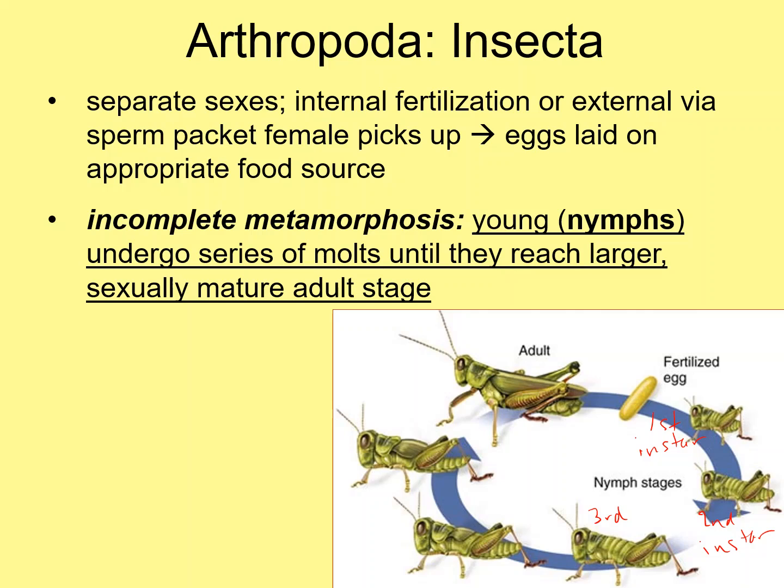And those again can be used as nuptial gifts, because you can pack the spermatophore not just with sperm, but also with calories and other beneficial things for the female, which of course is going to benefit your own offspring as well. So in a way, there's some parental care in there.